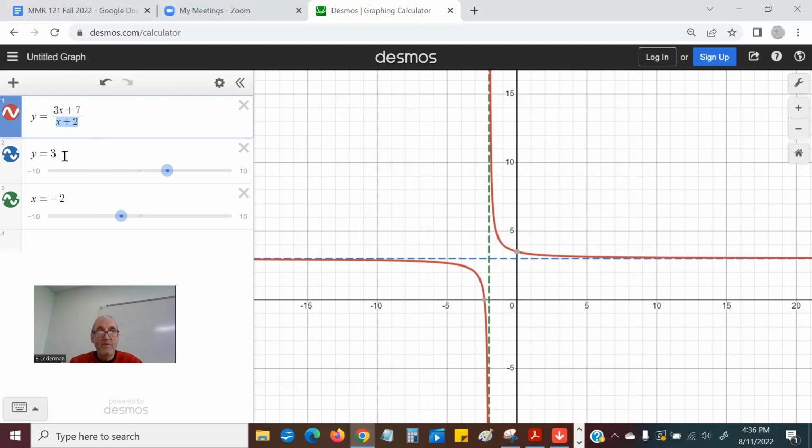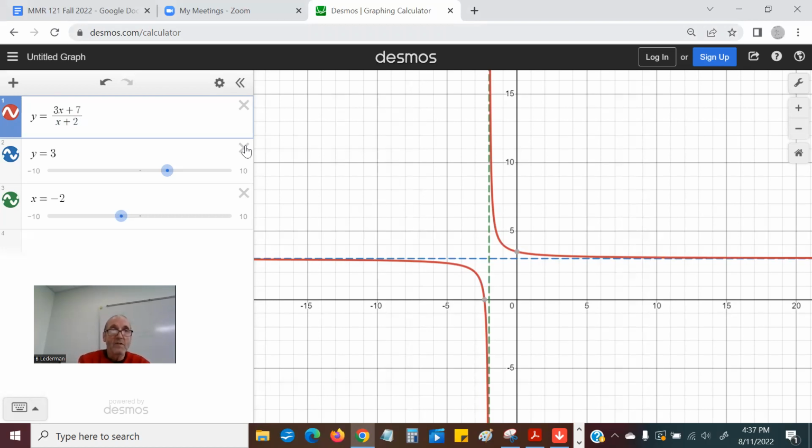How do I get the +3? Because what happens is when x goes towards infinity, the 7 and the 2 become pretty insignificant, and it becomes like 3x over x, and that 3 over 1 becomes y equals 3 over 1, which is just y equals 3. Now I'm going to show you this in a general way.